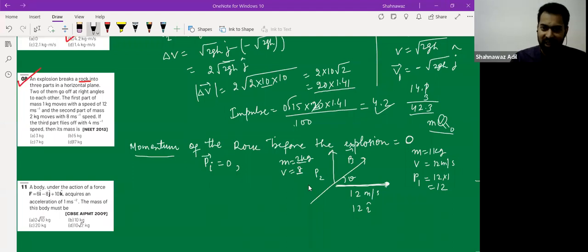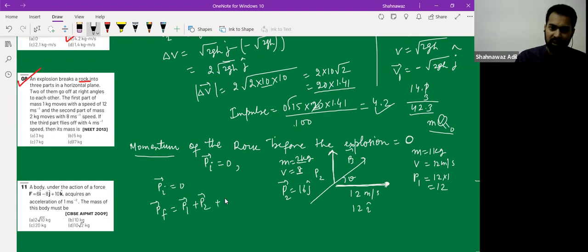So this is 16. And what will be the direction? This is going like this, so the direction will be J hat. So your P initial is 0, and P final would be P1 plus P2 plus P3. We don't know about P3.